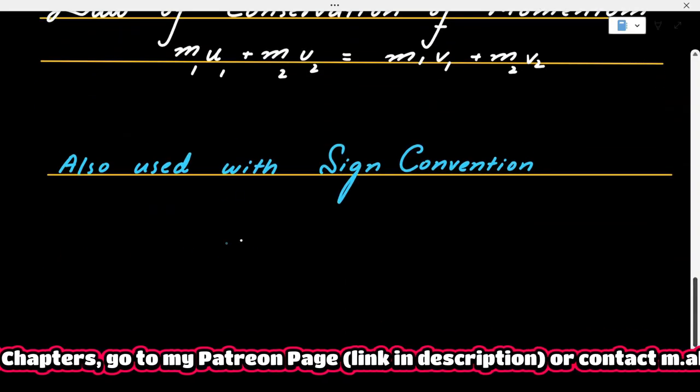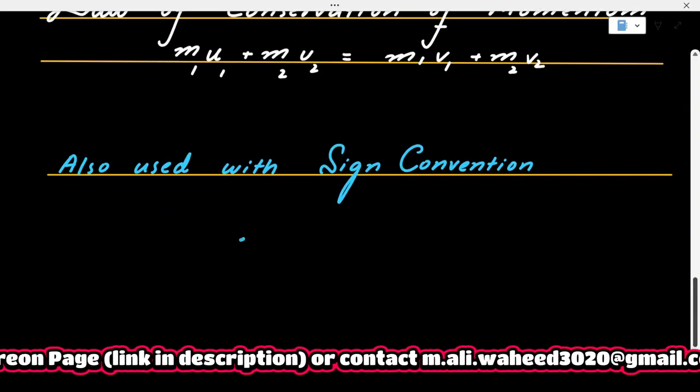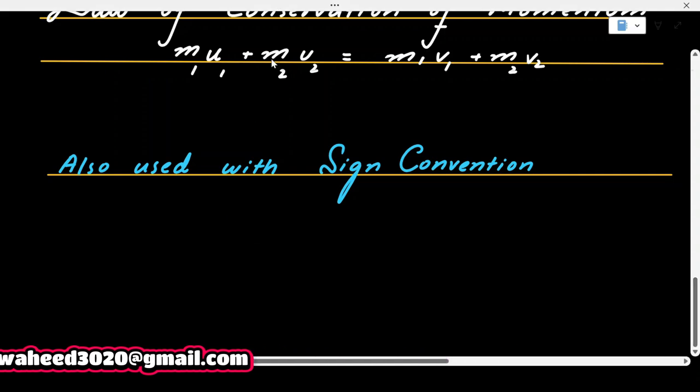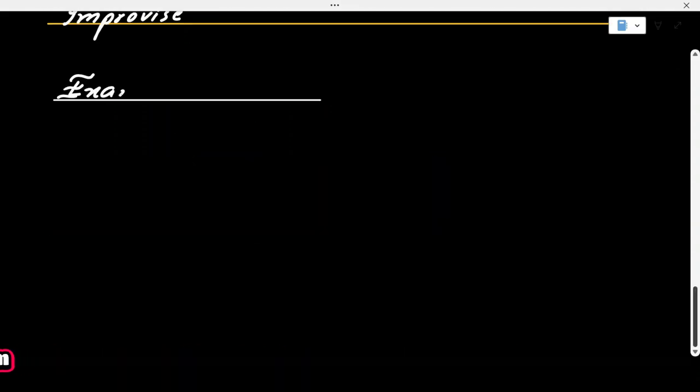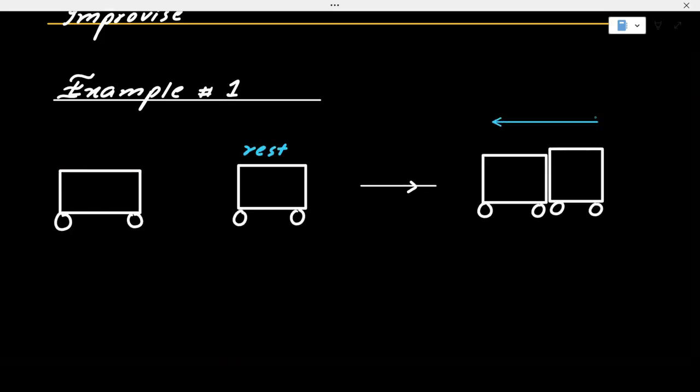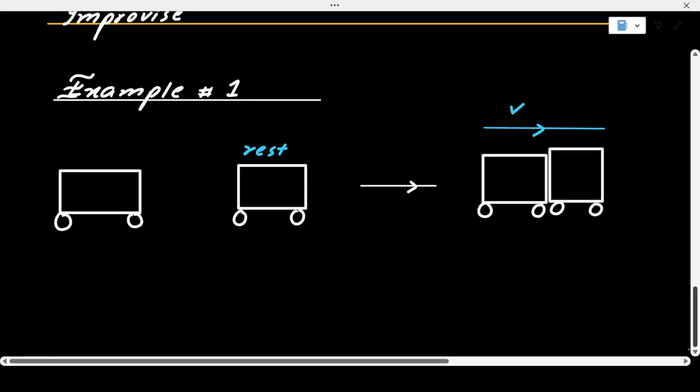So this expression, keep it in your mind, ladies and gentlemen, m1 u1, this expression you need to improvise in all the questions. The mass of this one is m1, the initial velocity is u1. This mass is m2, the initial velocity u2 is 0.